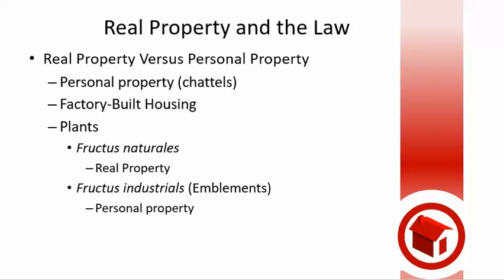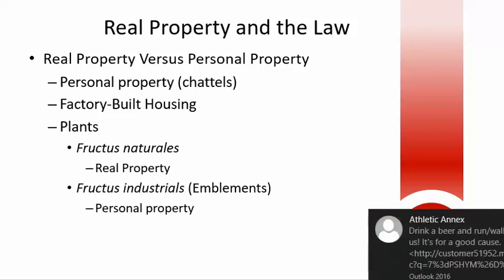The second one is called fructus industrialis, the industrial fruits. These are things that are grown and planted for crops, corn, oats, soybeans, tobacco, whatever. They are not treated like real property, meaning they are not included in my offer.